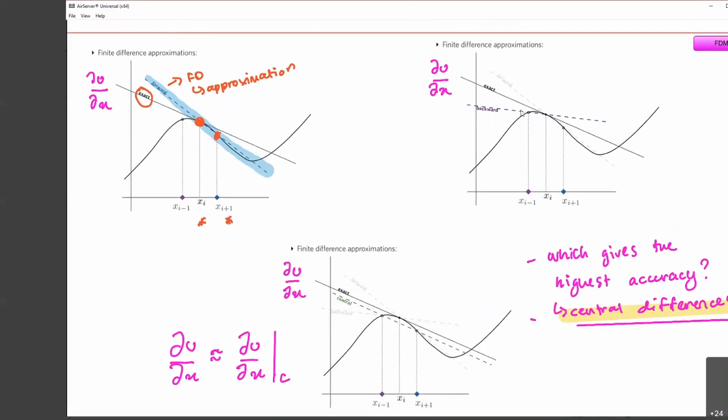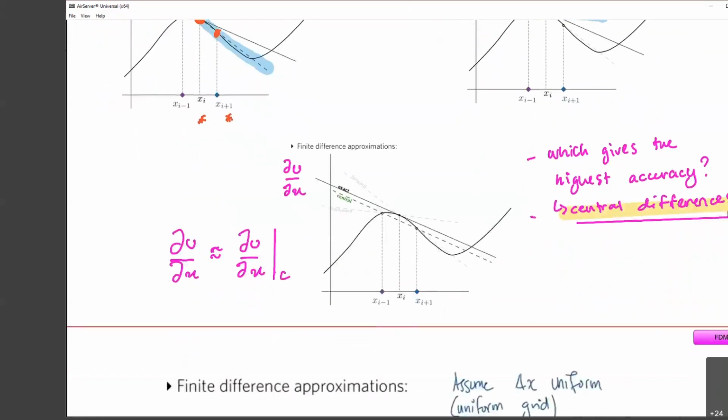Similarly, on the right one here, this is the exact value, again touching the tangent of the plot or the graph. For the finite difference approximation, the backward difference, we are using xi and also xi minus 1. These two lines are the approximation lines that we have.